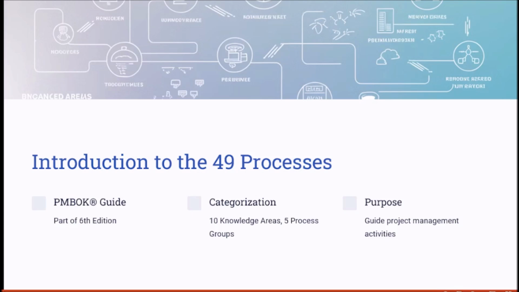Each process is associated with a knowledge area, what is going to be done, and a process group, when it's going to be done. By understanding these 49 processes, project managers can effectively plan, execute, and control the project, and finally close it.